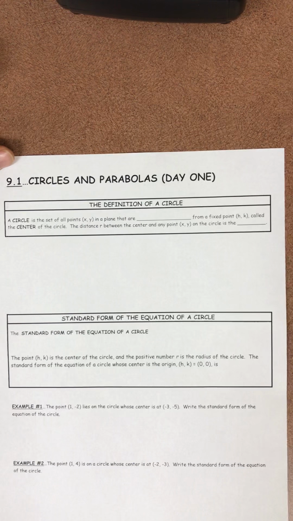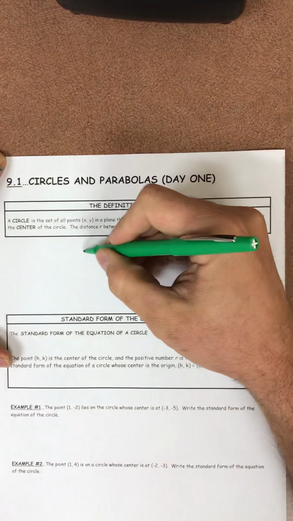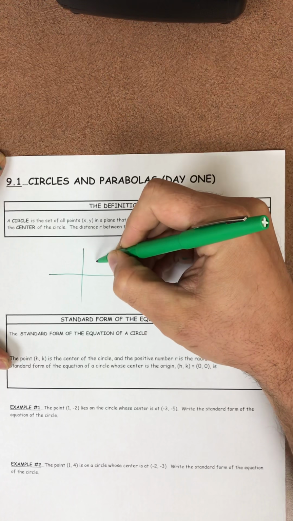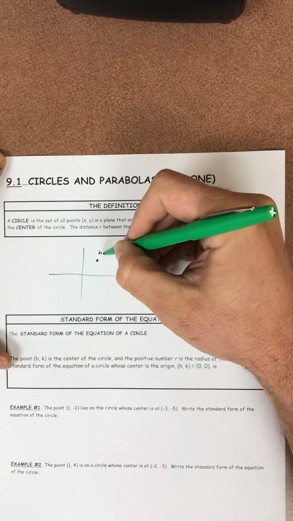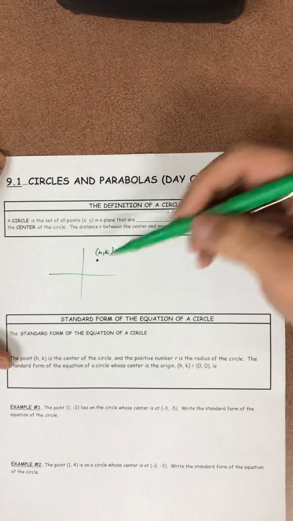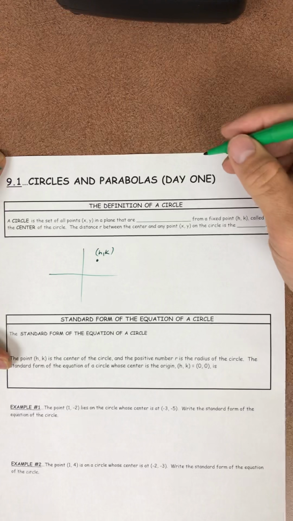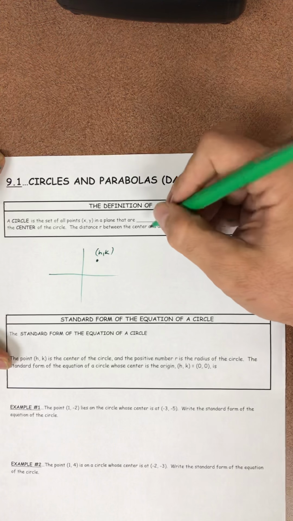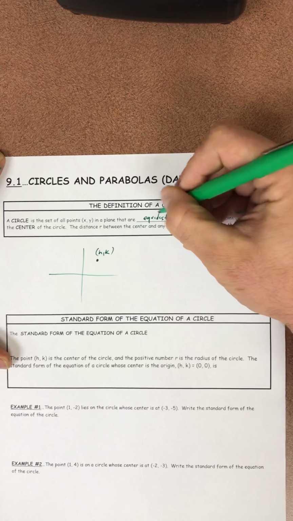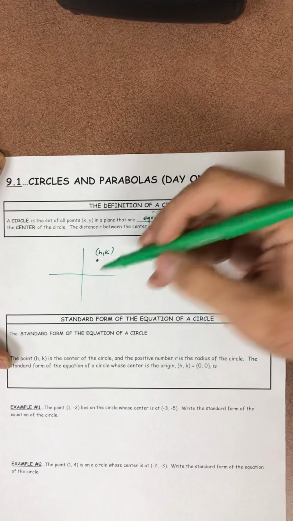And so you guys have seen the definition of a circle on multiple occasions. When we're talking about circles, we are going to be talking about circles in the coordinate plane. And so our circles are going to be centered at a point called h comma k. The circle is a set of all points x comma y in a plane that are equidistant from a fixed point h comma k, called the center of the circle.